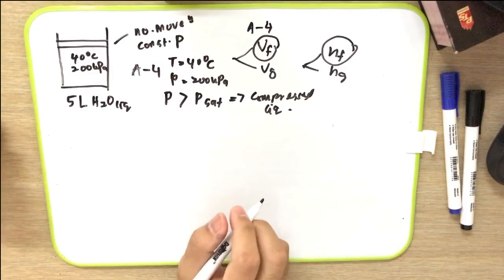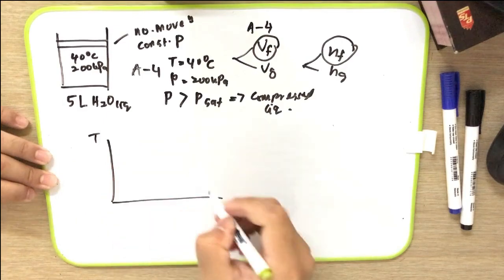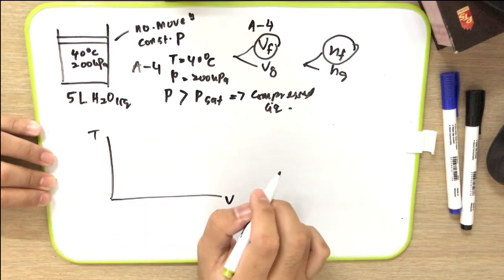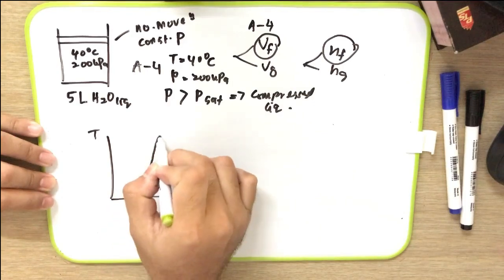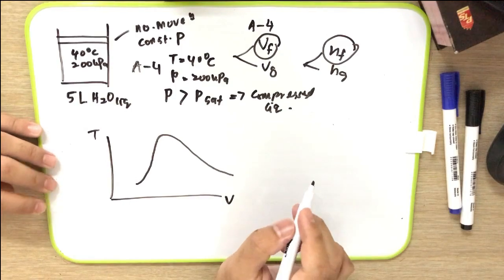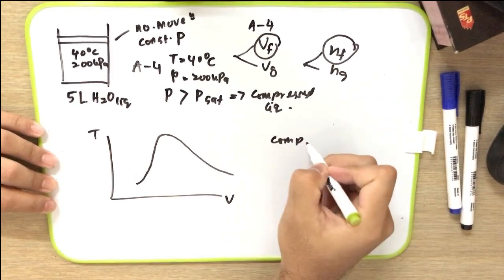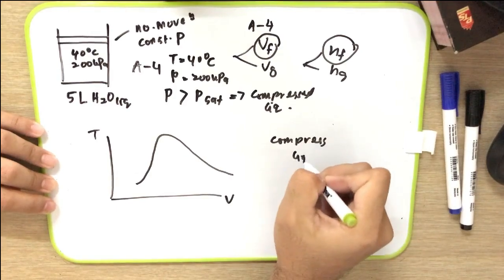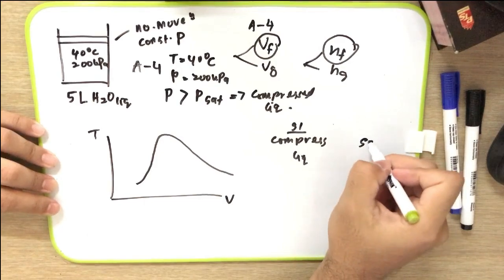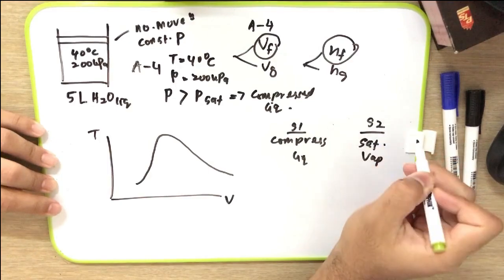Okay, next we need to show the process in the T-V diagram. This is the T-V diagram with respect to the saturation line. So this is the saturation line. We know that from compressed liquid at state 1, it changed to saturated vapor at state 2, right?